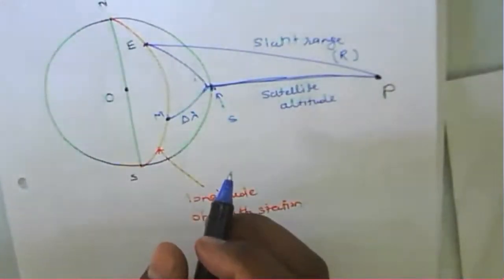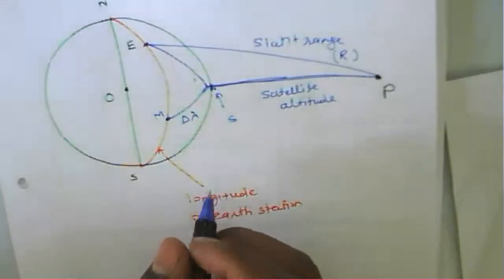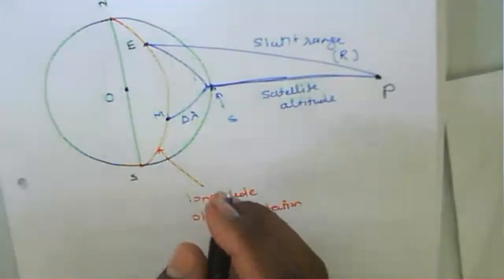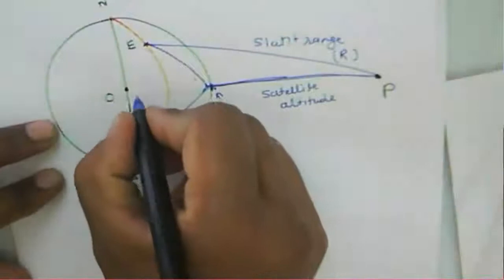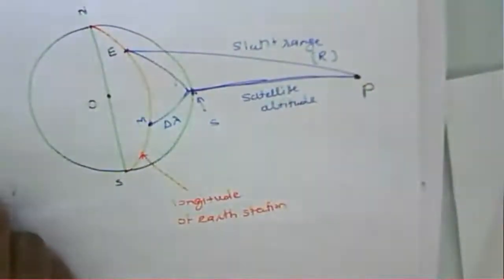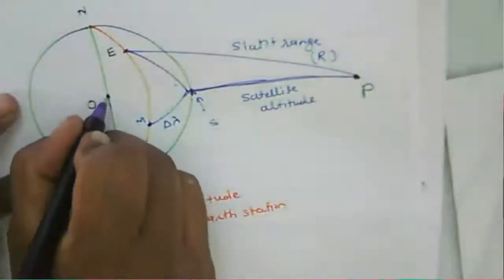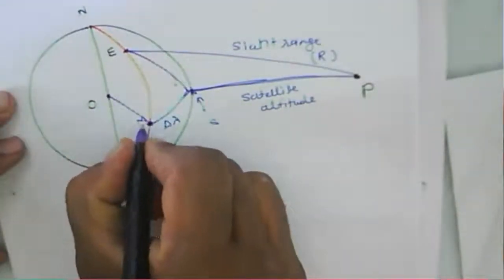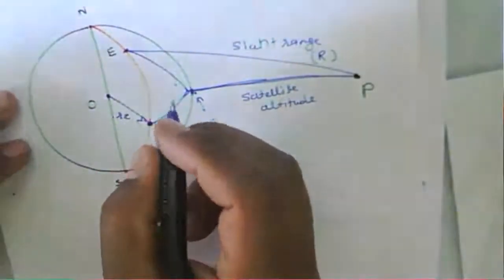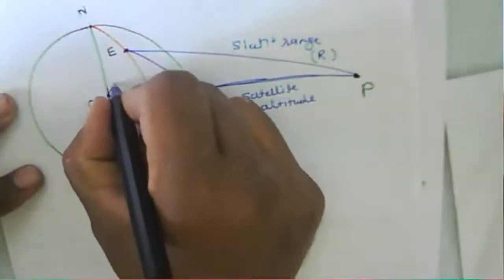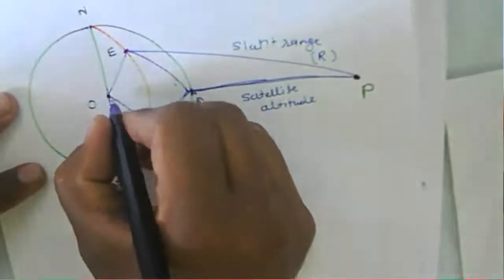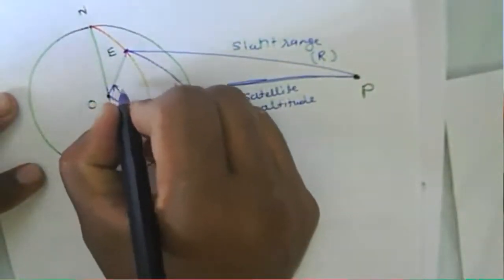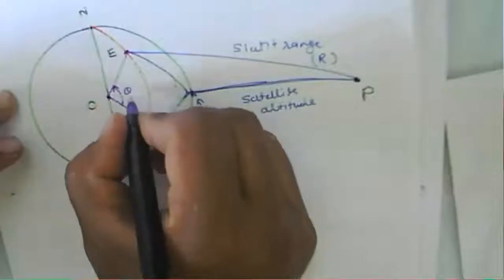So that's why we need to find out what will be the latitude of this Earth station from this particular line. So we say that here, this particular line joining from the center has a radius of r here, and from this to this line joining, that is called an elevation angle.